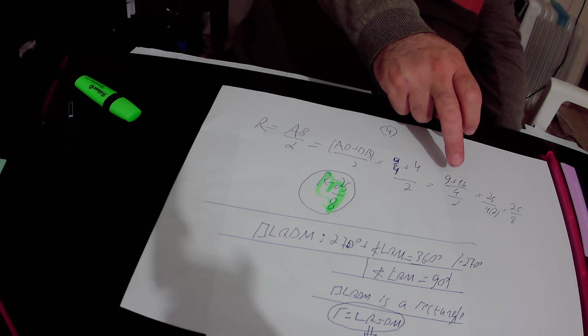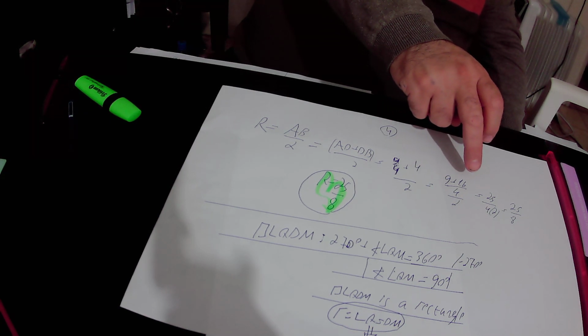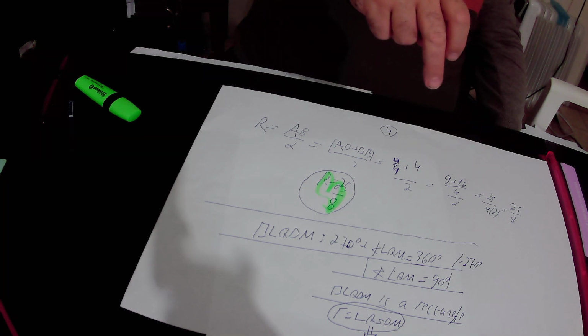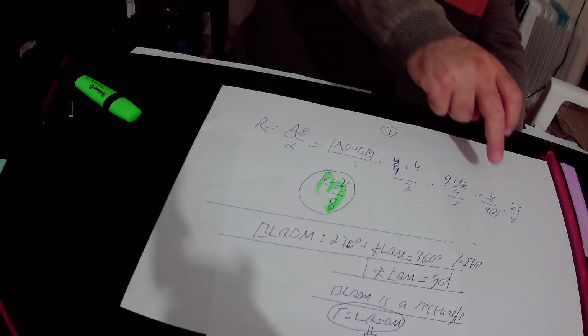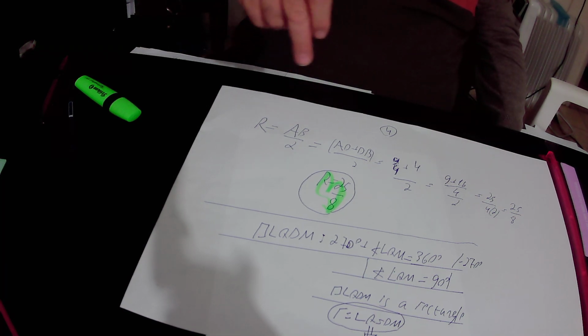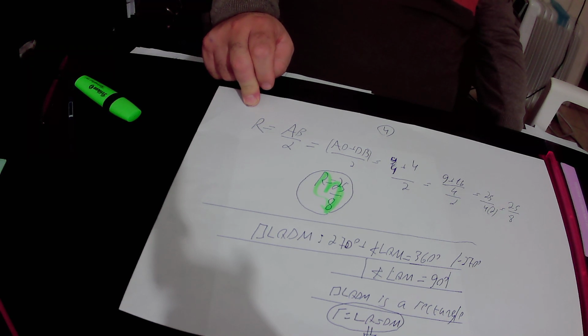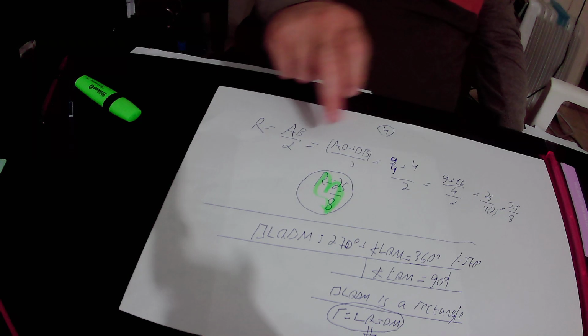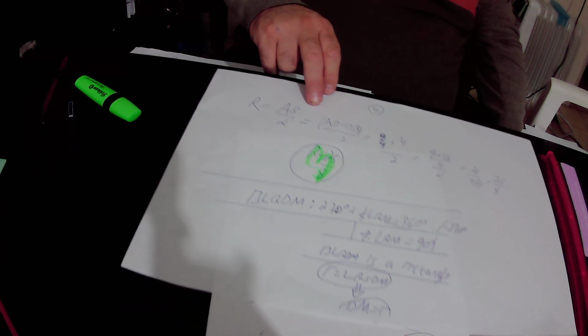The 2 goes to the denominator and we get that R equals 25 over 4 times 2. 4 times 2 is 8, so in conclusion the radius of the big circle, capital R, equals 25 over 8 units.